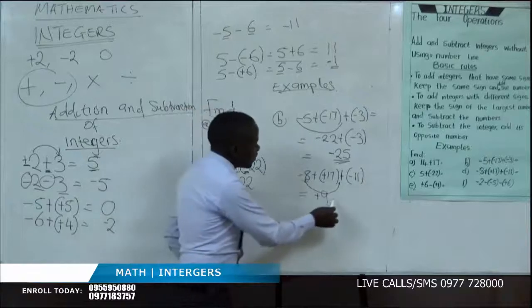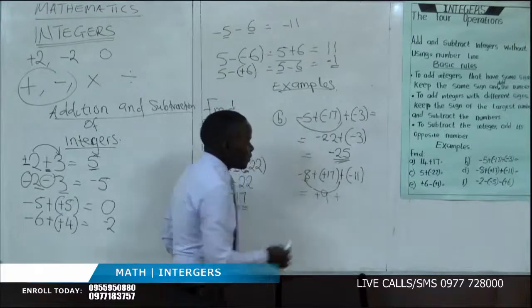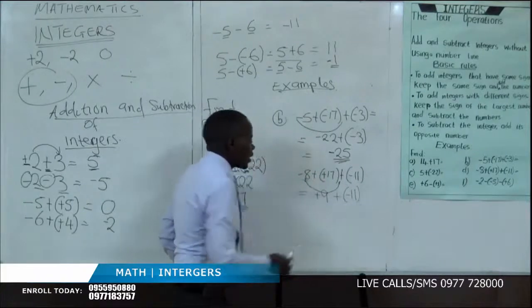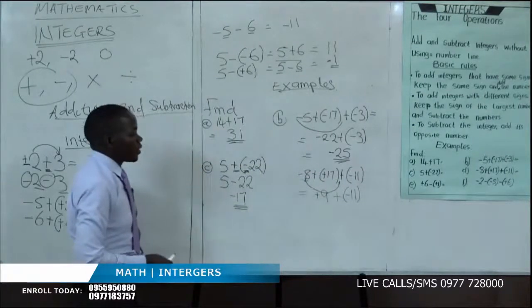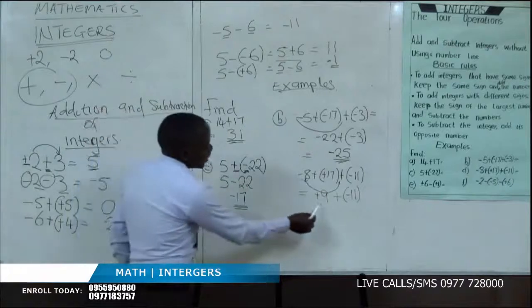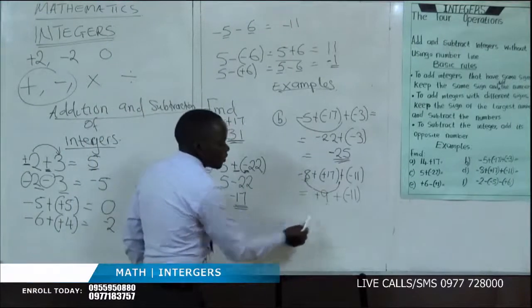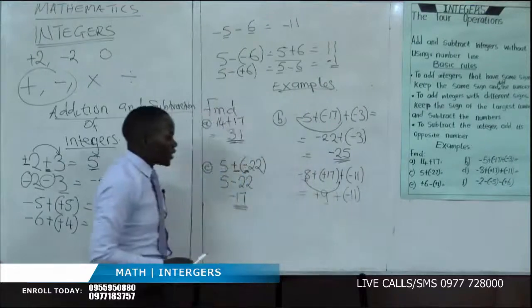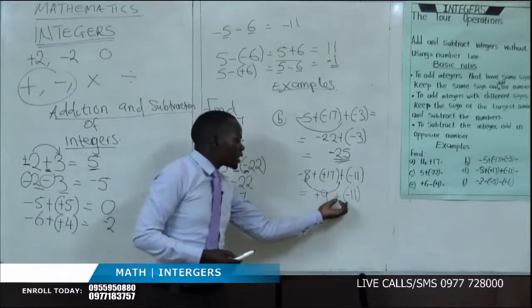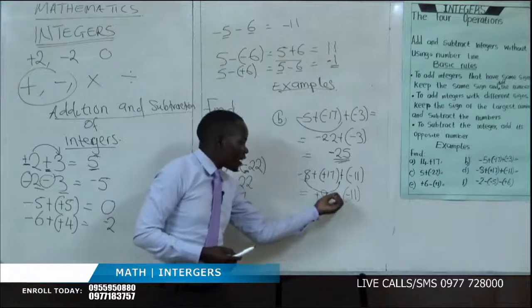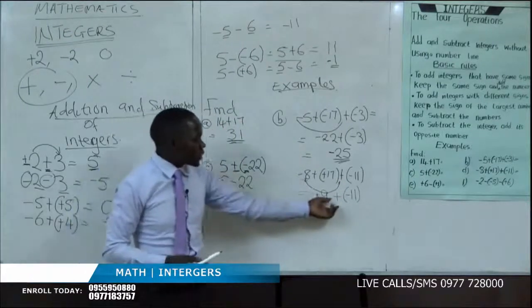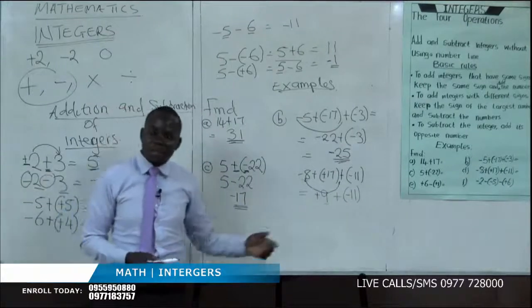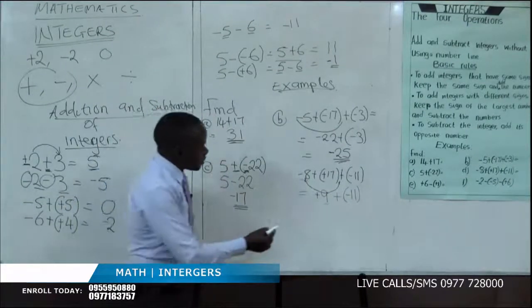Okay, so this one will add negative 11. Now check again here. You have got positive 9 and you have got negative 11. So in between here you have got two unlike signs. So once you have got two unlike signs, you are going to have negative in between. The moment you have got negative in between, meaning that you are going to subtract.